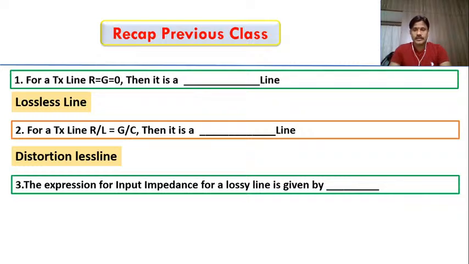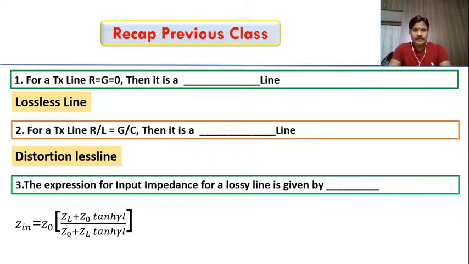So accordingly, for a lossy line, what is Zin? Zin equals Z0 into ZL plus Z0 tanh gamma L divided by Z0 plus ZL tanh gamma L, like this.